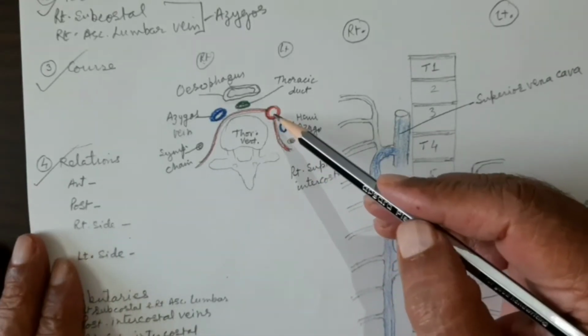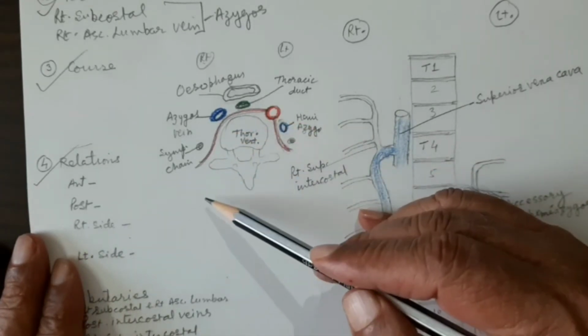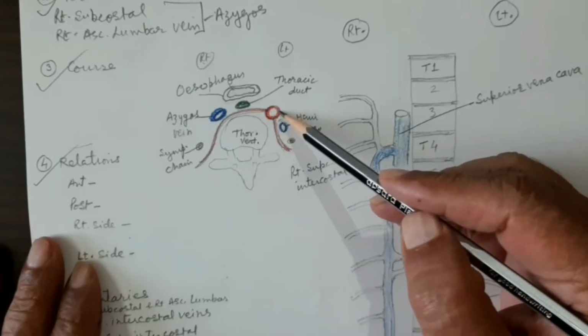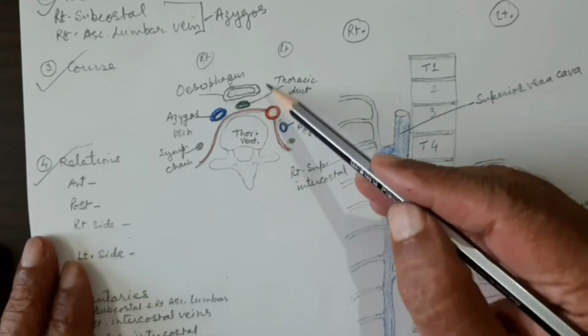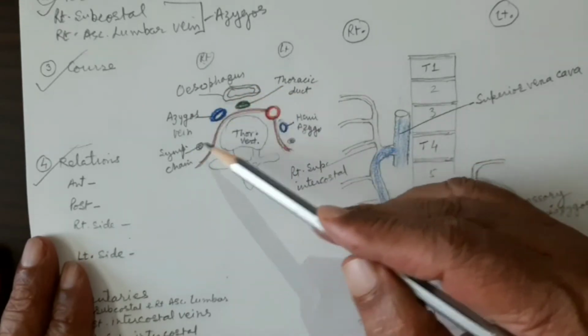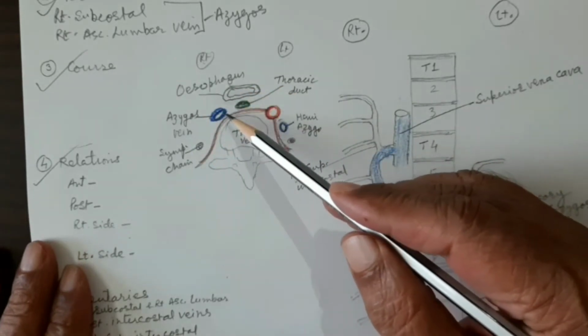The right has to cross the vertebral column because the descending aorta lies onto the left side. If this orientation is clear, then we come to the relations.